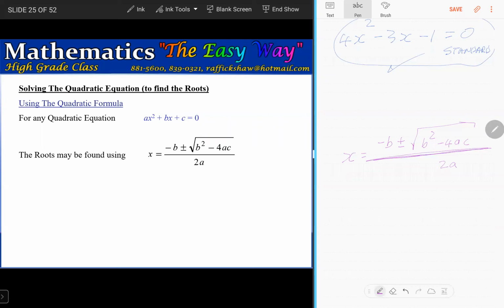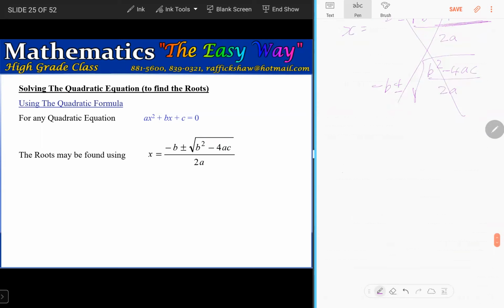Note the difference. When you put this part alone over the 2a, you're going to lose marks. Some people even put the minus b plus or minus square root of b squared minus 4ac over 2a under the square root sign, which is wrong. It is everything over 2a.